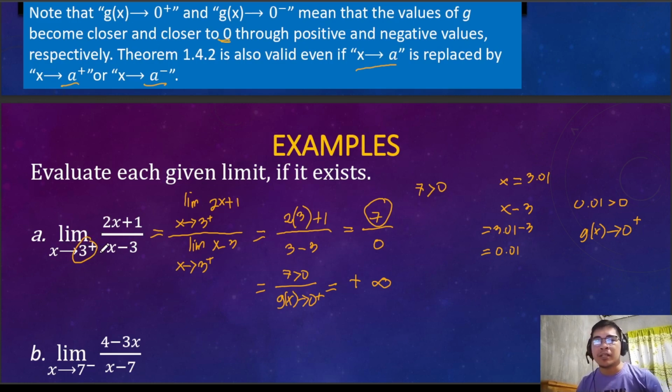So we look for a value closer to a from the right. Here the value of a is 3, and from the right, so I choose 3.01, which is greater than 3. Then substitute it for x, so I get here 0.01, which is greater than 0. Since it is greater than 0, we have 0 from the right.